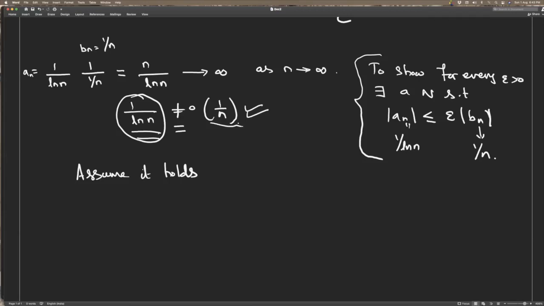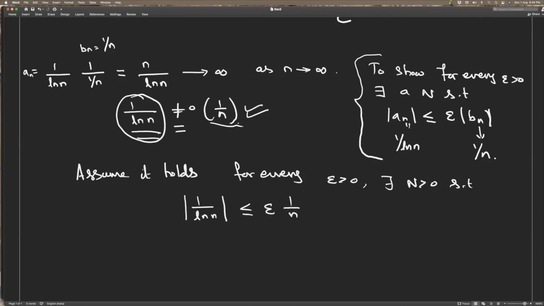Then what happens is, for every epsilon greater than 0, I can find an N such that 1 by log n is less than or equal to epsilon into 1 by n.